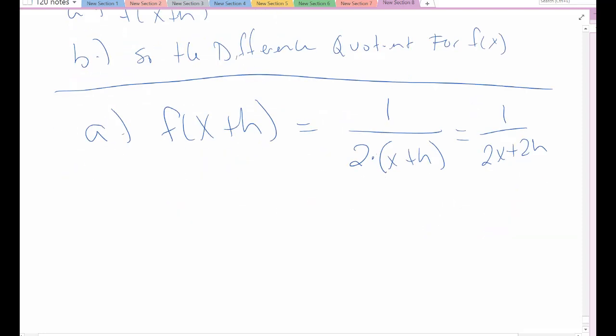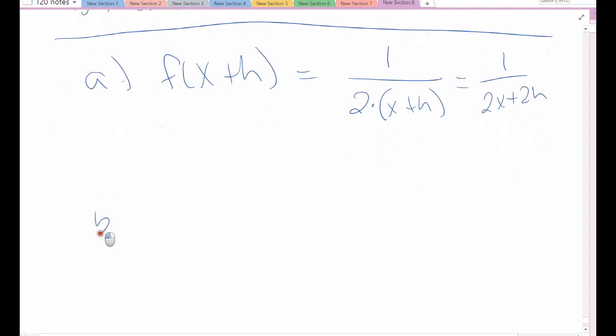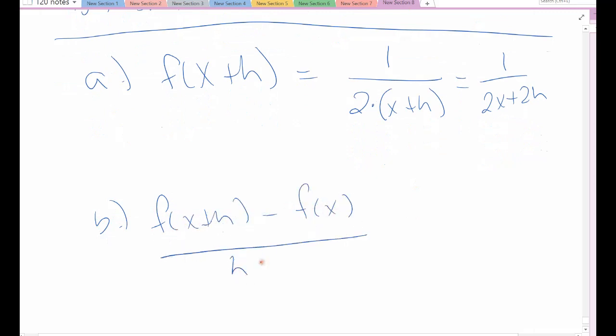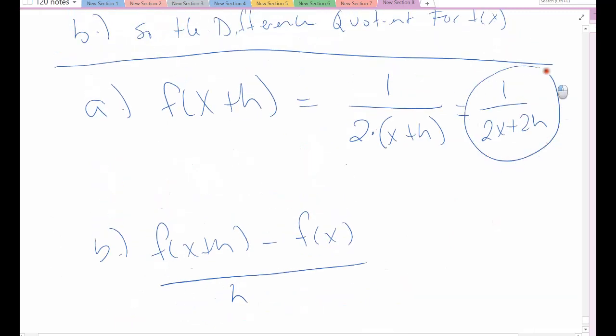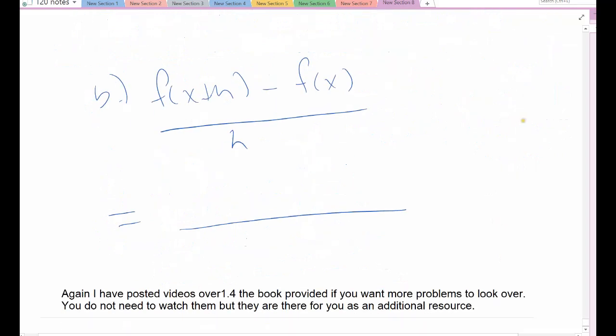So there's my f of x plus h. Now the difference quotient. F of x plus h minus f of x all over h. So the first thing is writing it out carefully. So f of x plus h was this expression, and again, put it in there as parentheses.